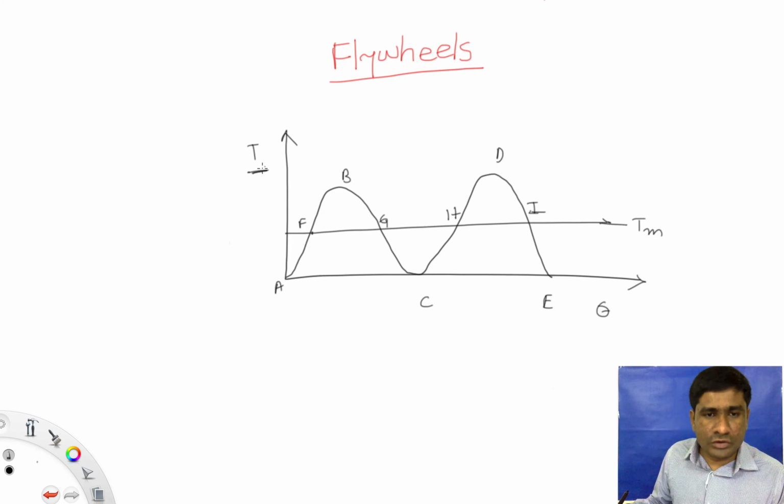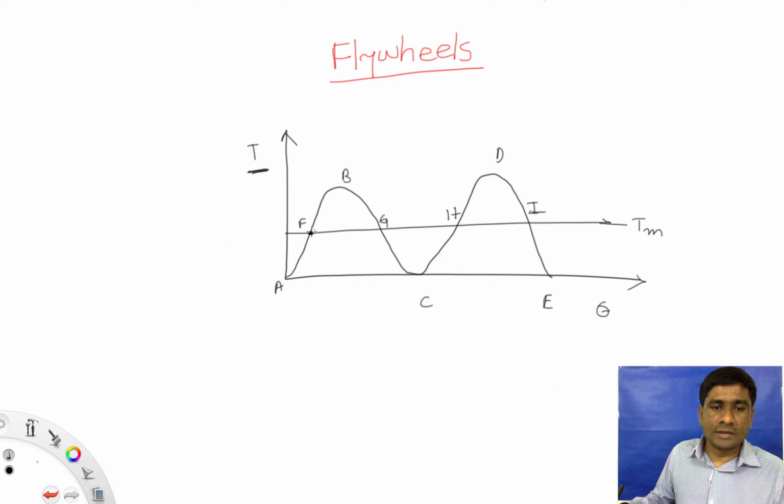And the torque produced in the engine is not constant. If the torque produced in the engine is constant, then the vehicle is moving with a constant speed. That means angular acceleration is 0, but this is not constant. So we have angular acceleration. This is the mean torque that we need to produce.